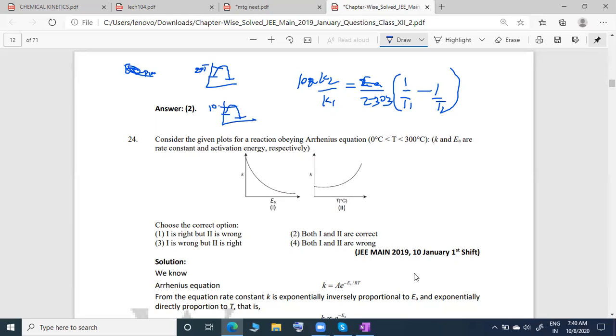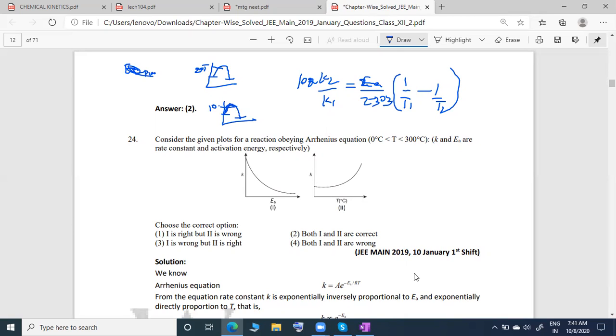With 10 joules, they can easily reach the activation energy and convert into product. So the higher the activation energy, the lower the rate constant, and the rate of reaction is also lower. And by increasing temperature, the rate constant is going to increase. This is not the ln K and 1 by T graph, please keep in mind. That increases exponentially.